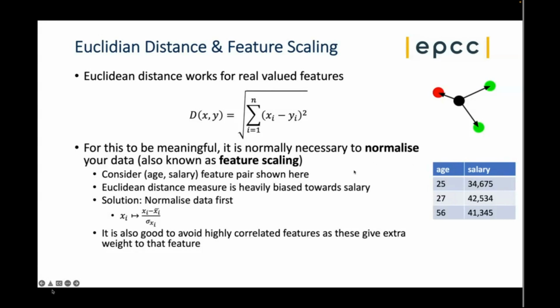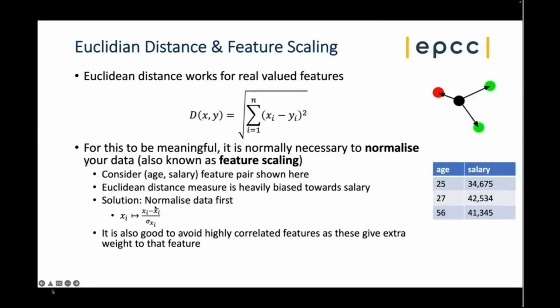Because we're doing this kind of distance thing, just like the example we had with the regression, for this to be meaningful, it's normally necessary to normalize or scale your data. If we had features like age and salary, for example, if you plug these into the distance algorithm, the salary effect would completely overwhelm the impact of age, because these values are so much bigger.